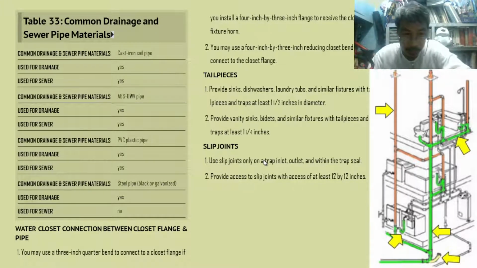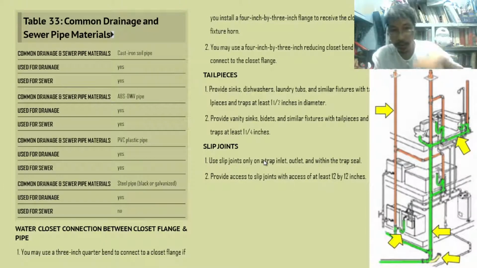So next topic, water closet connection between closet flange and pipe. How to connect our toilet bowl. Technically, a toilet bowl is called a water closet. You may use a 3-inch water band to connect to a closet flange if you install a 4" by 3" flange to receive the closet fixture horn.